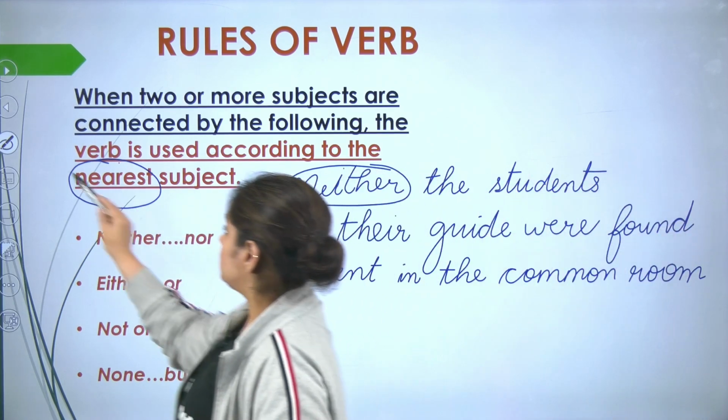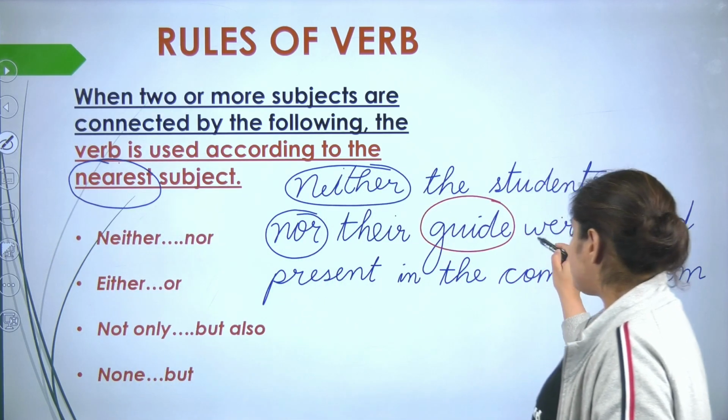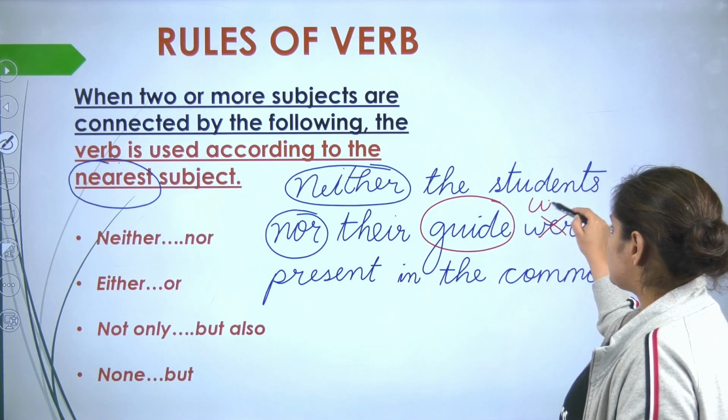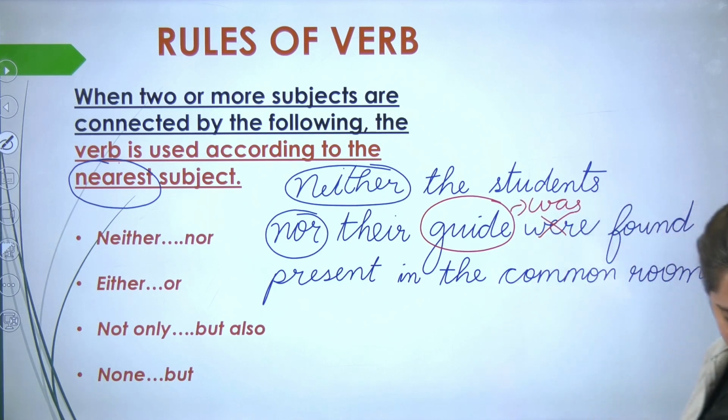So here the closest subject, as I can see, is guide. The verb cannot be were, guide is singular. So based on the closest subject the verb will be used. Nearest subject guide is singular, so was will be used. Okay, समझ में आया ये? Guide के according, singular subject के according, the verb will be singular again. Clear? Yes or no?